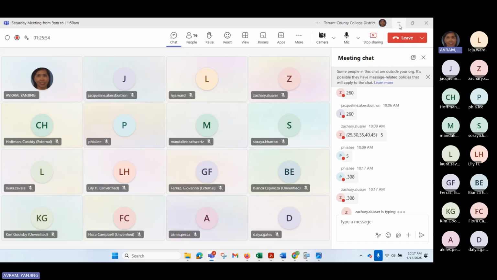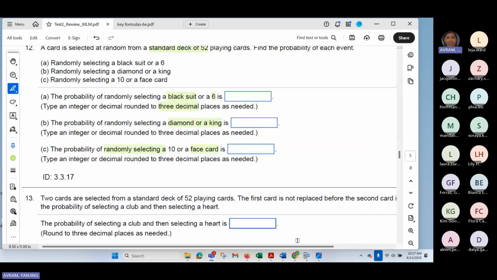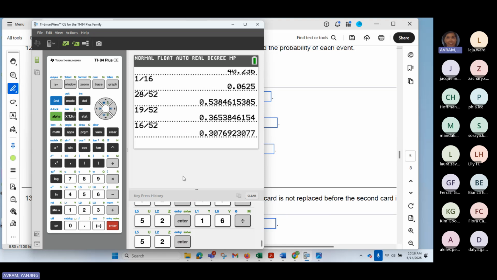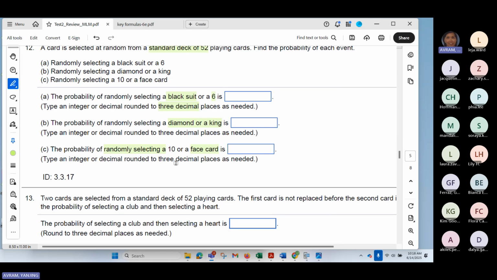All right, 0.308. That is correct, right? So you have 12 plus 4. So that's 16. Okay, 16 divided by 52. Okay, and then this is rounded up. All right, okay, so that is good.